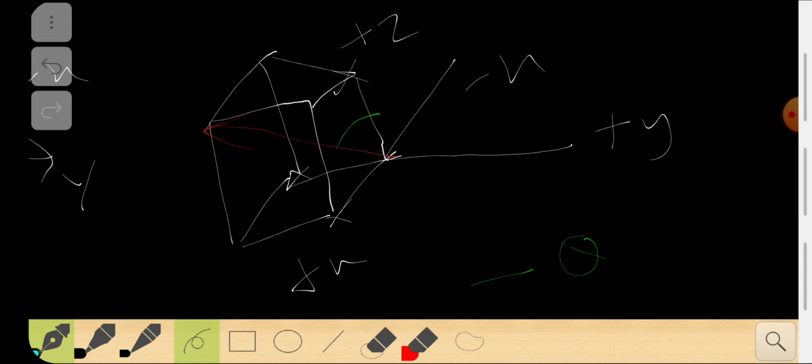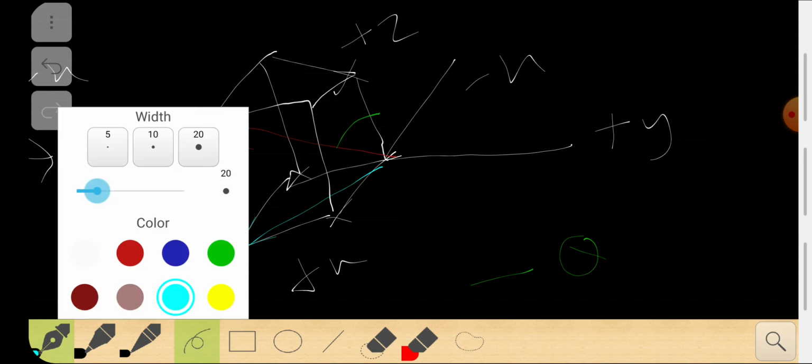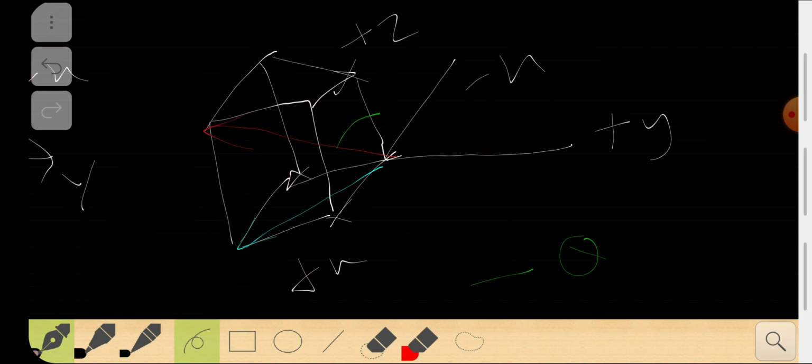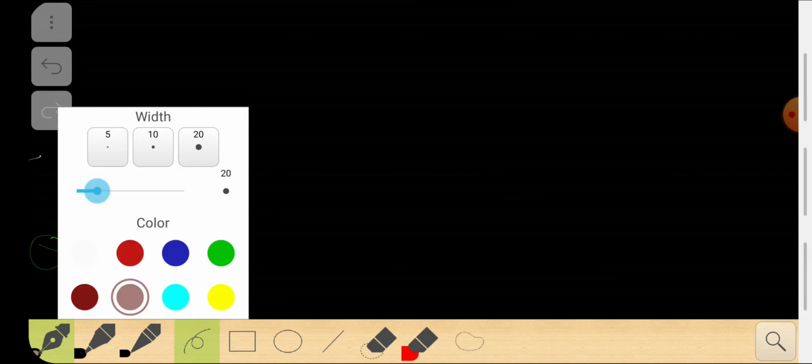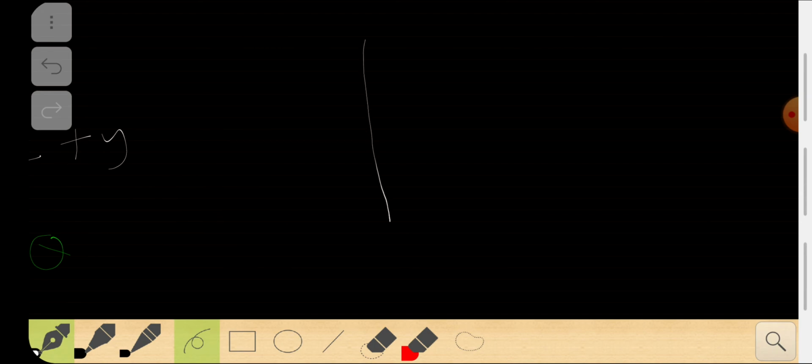And the angle made with the x-axis will be, x will be intercepted like this, and the angle will be some angle from the positive x-axis in this direction. If you look from above, you see the x and y axes.